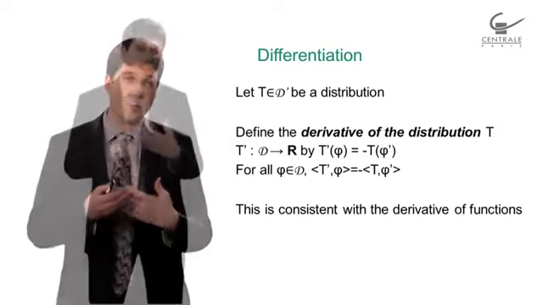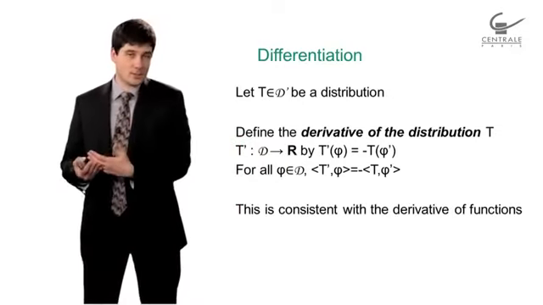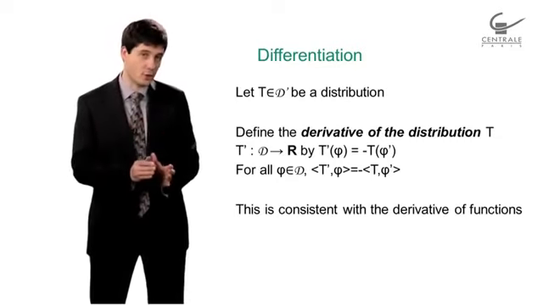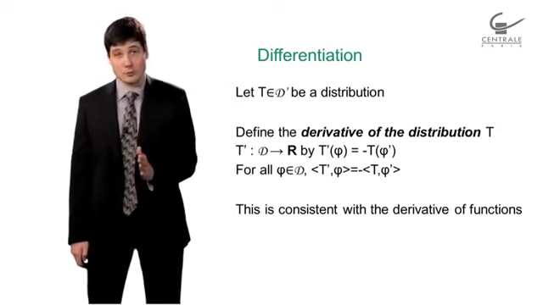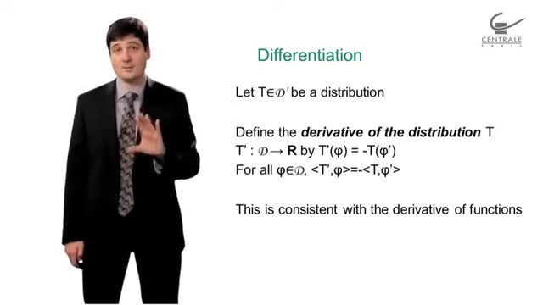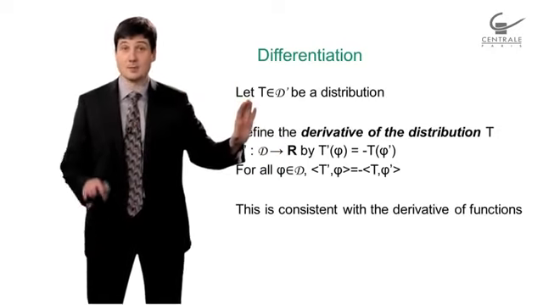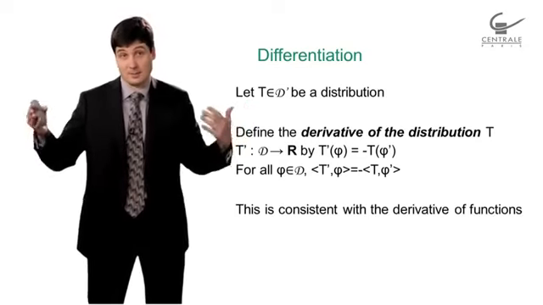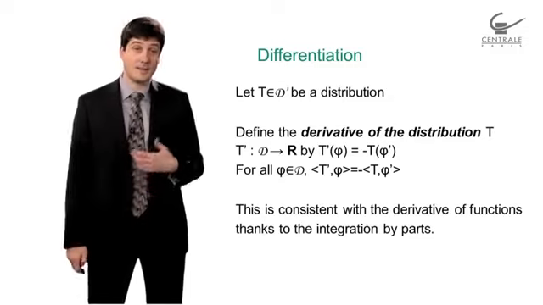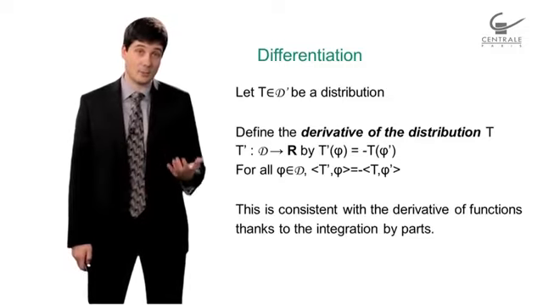The reason why this is a good definition is because if I choose functions in L1 loc and associate the distribution to this function, the derivative of the distribution is consistent with the derivative of the function. That is because of the integration by parts.